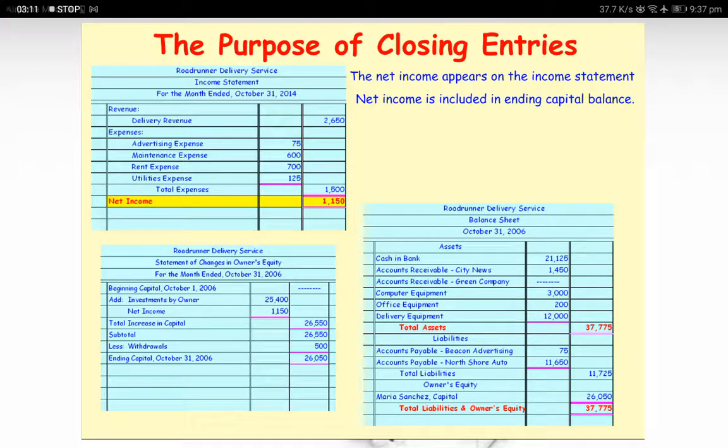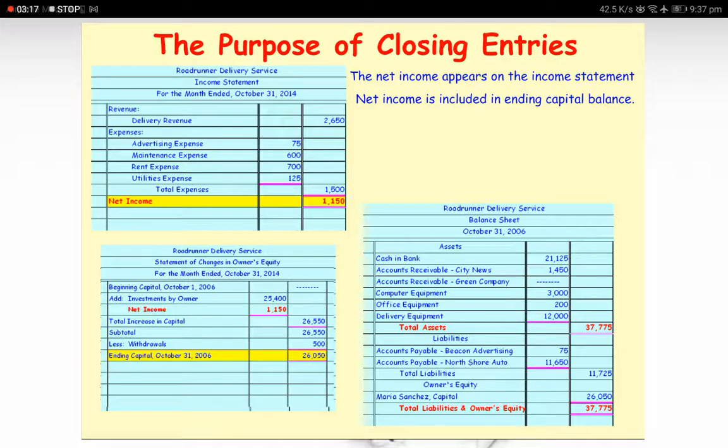So essentially you take the net income figure and you post it in the statement of changes in equity, as you can see the yellow one. So the ending capital balance goes to the balance sheet, where you can see in the yellow one Maria's capital. This includes the ending capital balance.